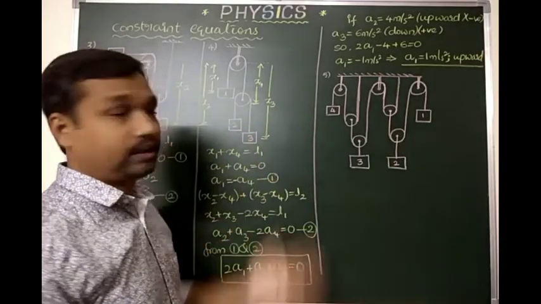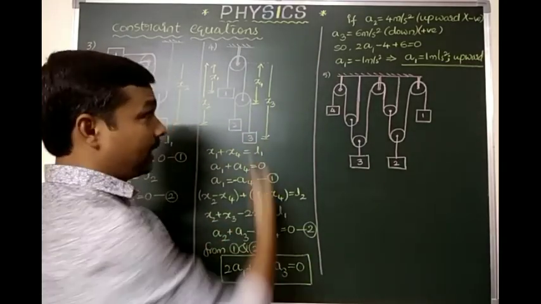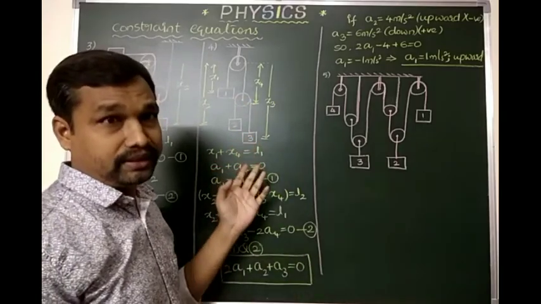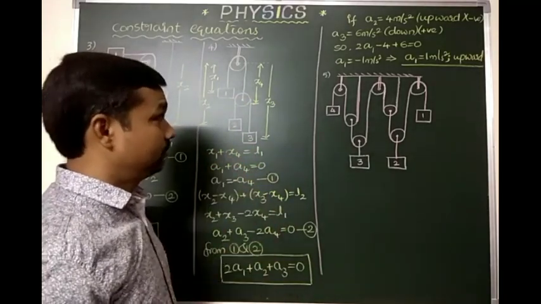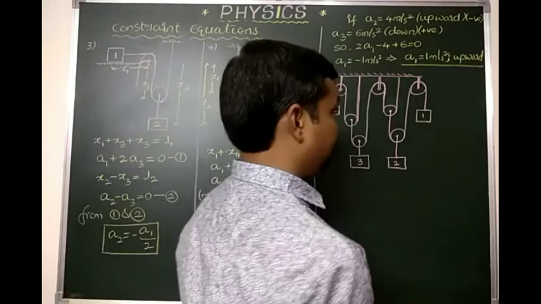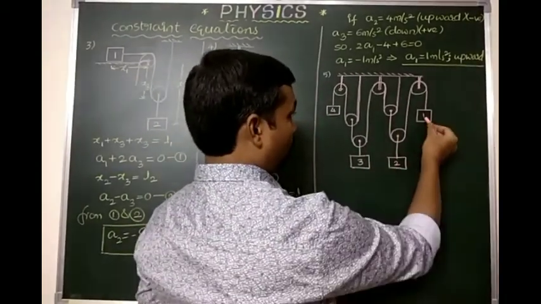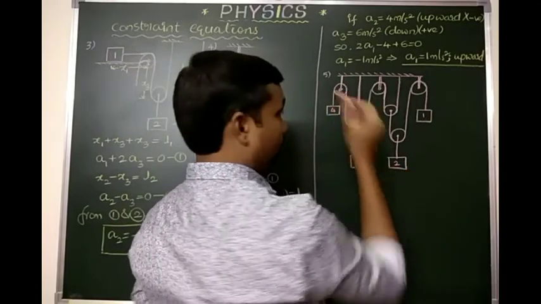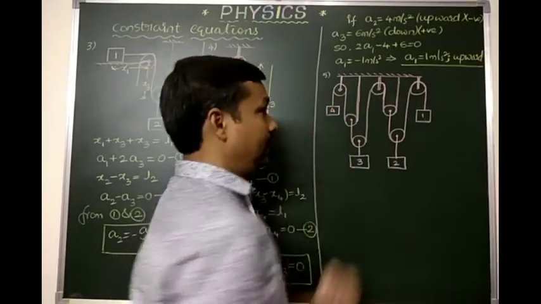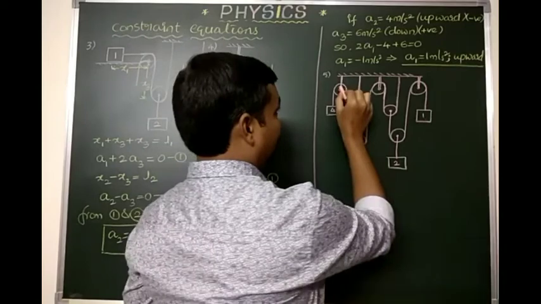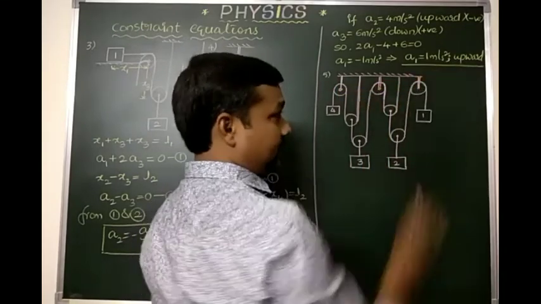You can do the calculation with some other values. And you can use the second method also in this case. Coming to the next case, here a complex system. Block 1, 2, 3, 4, totally 4 blocks are there. And how many pulleys are there? Here 1, 2, 3 which are fixed.